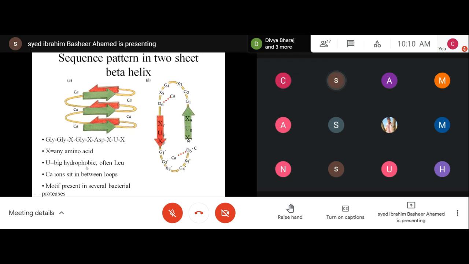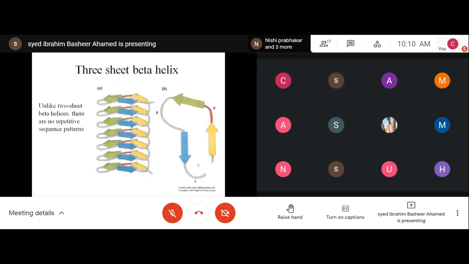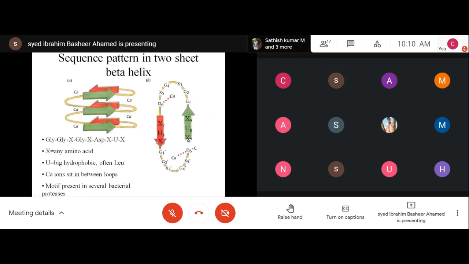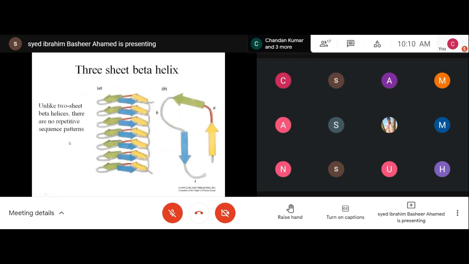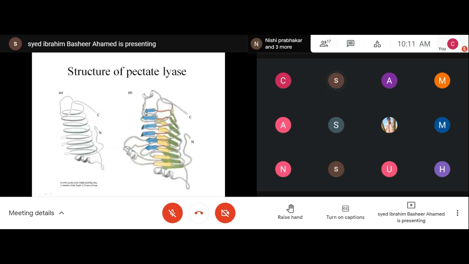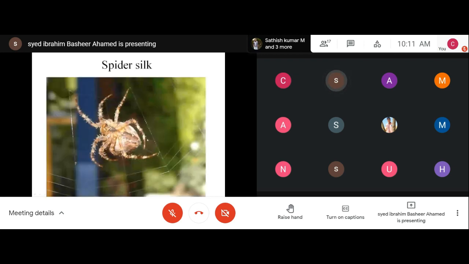Calcium ions sit in between these loop regions. So this is a three sheet beta helix. You can see three sheets arranged in this fashion. The structure of pectate lyase is an example of a three sheet beta helix.